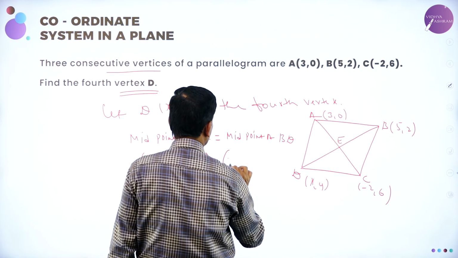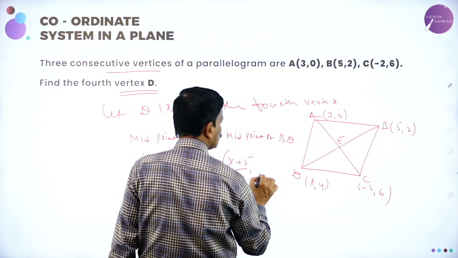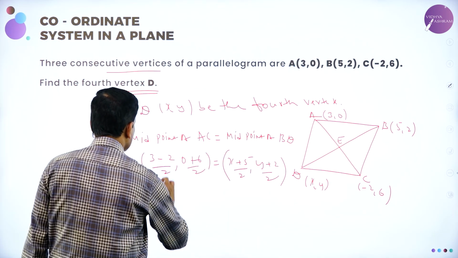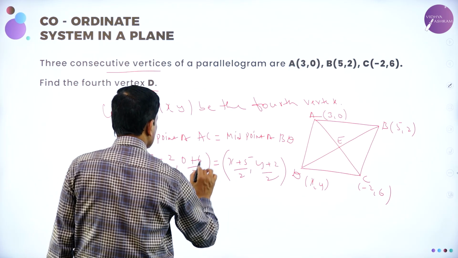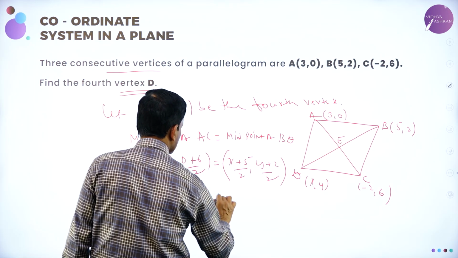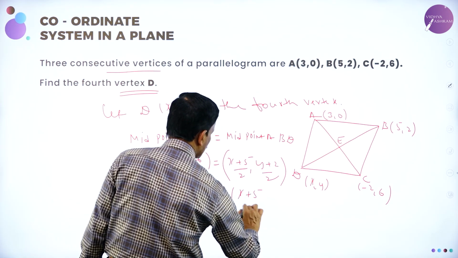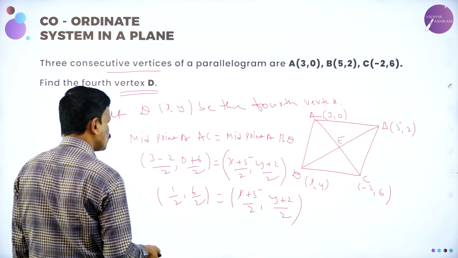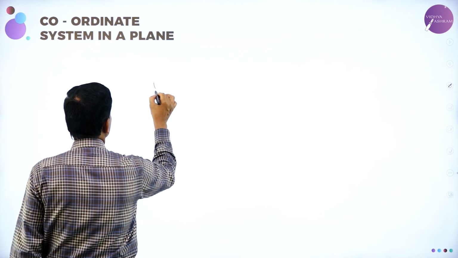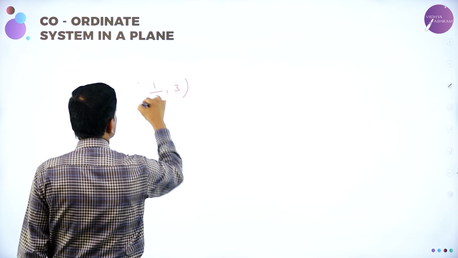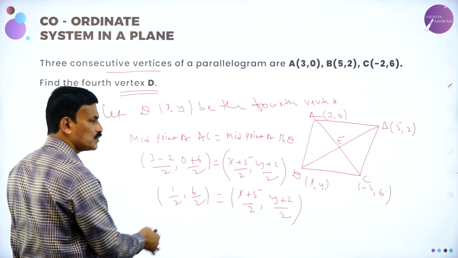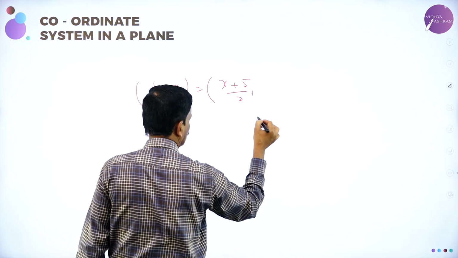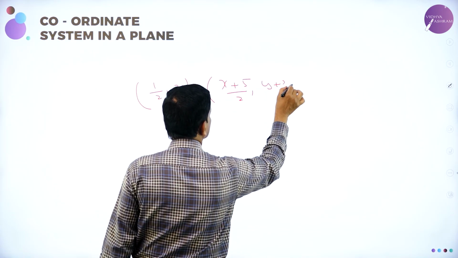So (x plus 5) divided by 2, (y plus 2) divided by 2. So this is (3 minus 2) is 1 by 2, (0 plus 6) is 6 by 2, is equal to (x plus 5) by 2, comma, (y plus 2) by 2. Now just move on to the next page, that is 1 by 2, 6 by 2 is 3, is equal to (x plus 5) by 2, (y plus 2) divided by 2.